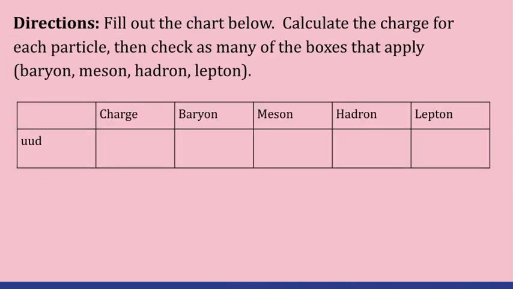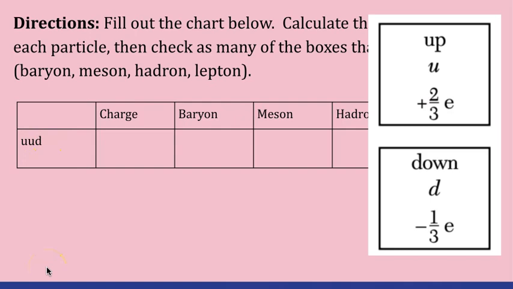So for the chart, the directions are to calculate the charge for each particle, then check as many of the boxes that apply. So for example, this stands for up, up, down, so it's a combination of 3 quarks. I'm going to look at those quarks on my reference table, and I'm going to see that up is positive 2/3 and down is negative 1/3.